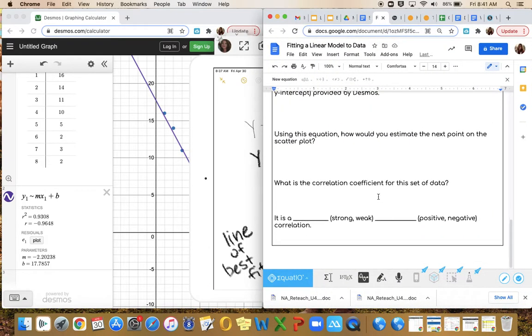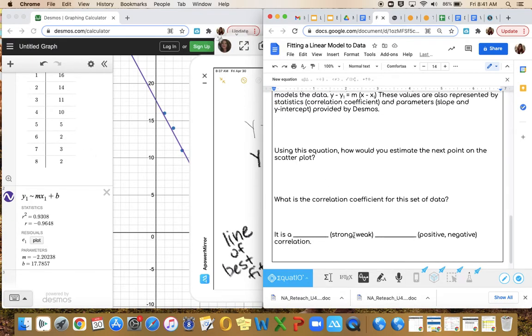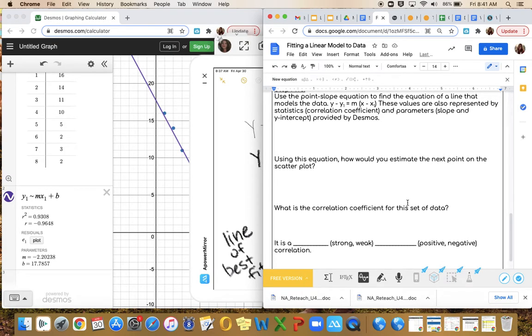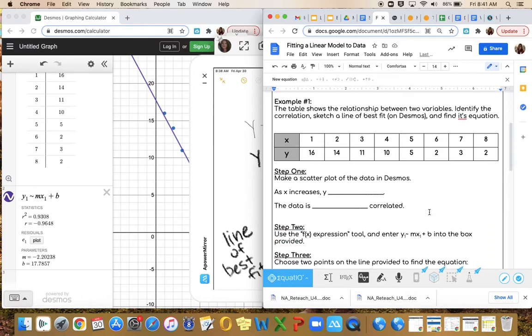And if we notice here, this information gives us a strong negative correlation based off of this correlation coefficient. And the correlation coefficient was negative 0.9. All right. So that answers all of this for finding the line of best fit and finding the equation of that line.